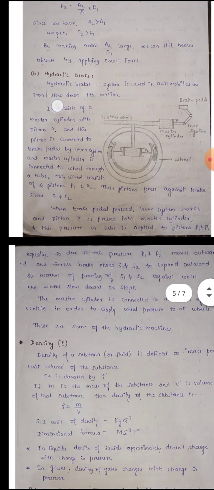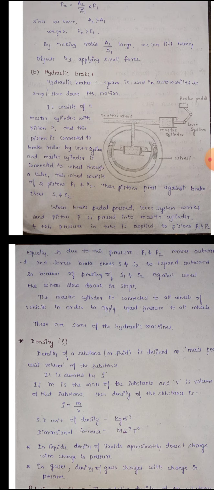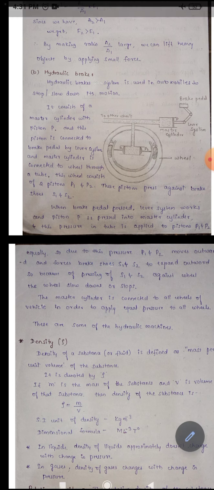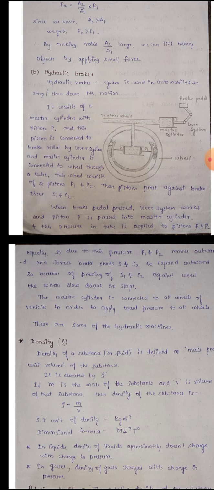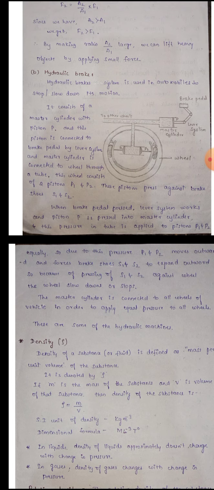See, it consists of a master cylinder. This is a master cylinder which has a piston P in it, and this piston P is connected to the brake pedal, which you press when you want to apply the brake on that vehicle.